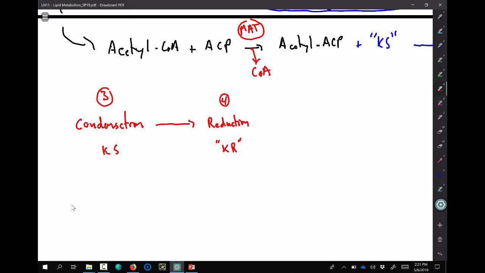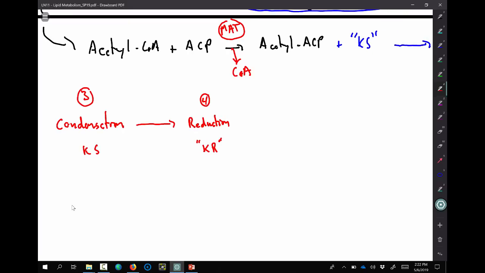Okay. After this reduction, there will be a dehydration. Not dehydrogenation, but dehydration. This is going to be catalyzed by DH, dehydratase, not dehydrogenase. Okay, so be careful in this.